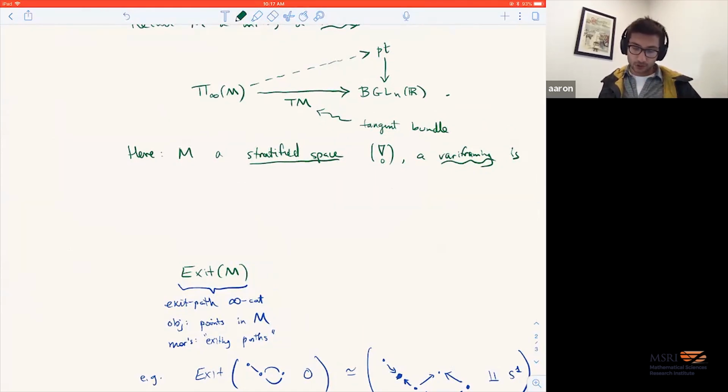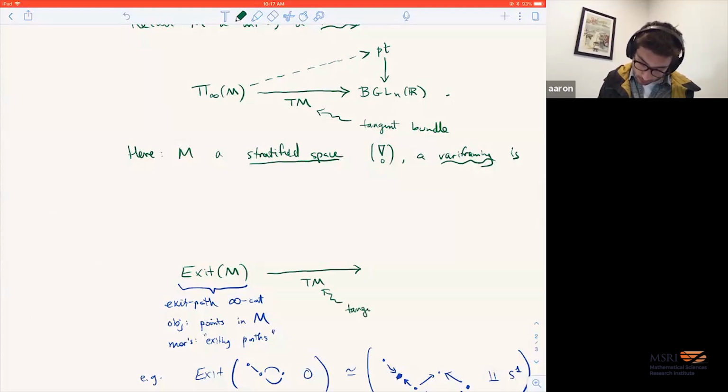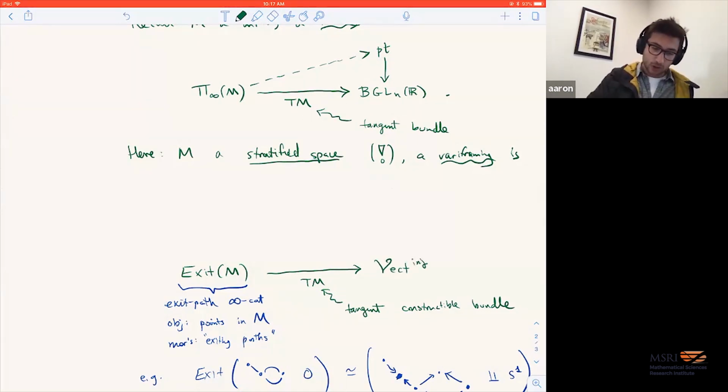And well, a stratified space, whatever the heck that is, has a tangent, not just a tangent bundle, but a tangent constructible bundle. So this goes to a certain infinity category, Vect^inj.